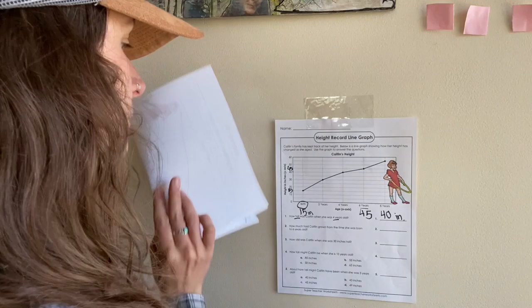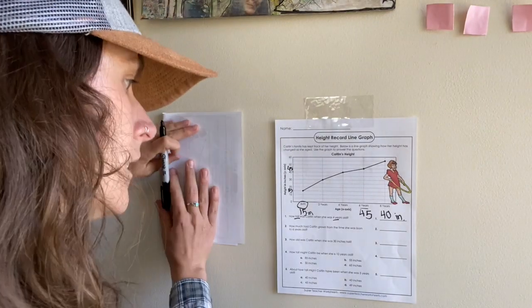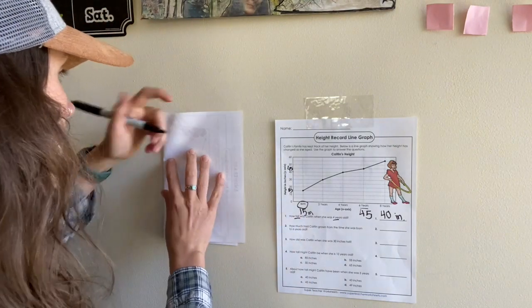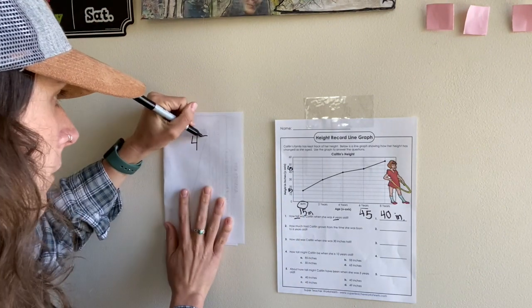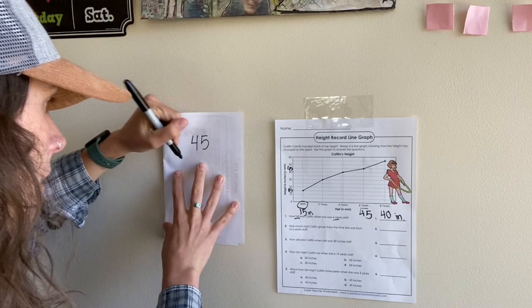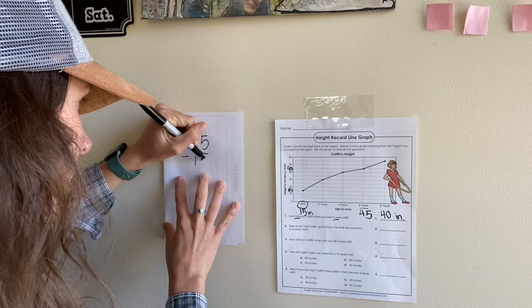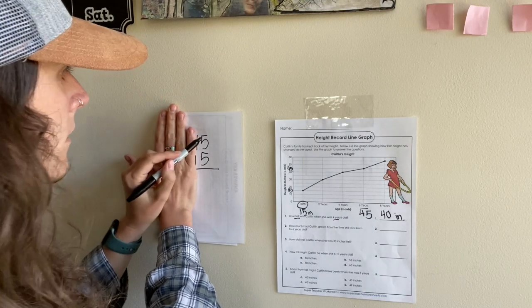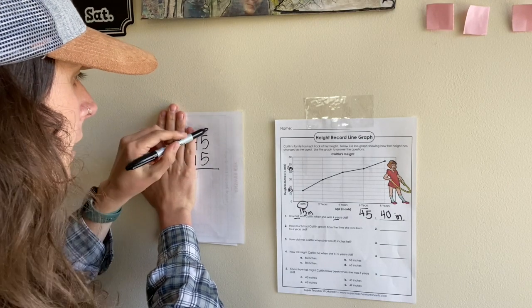So what we need to do, let me get a scrap piece of paper here, is take 45 minus 15. So 45 minus 15. The first thing we do is take 5 away from 5.